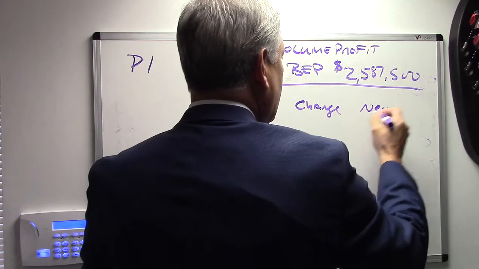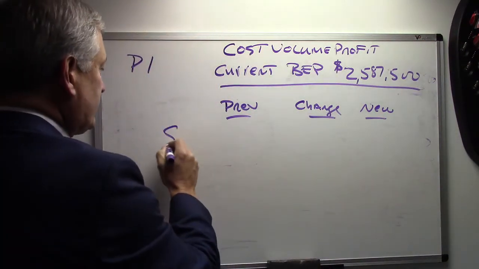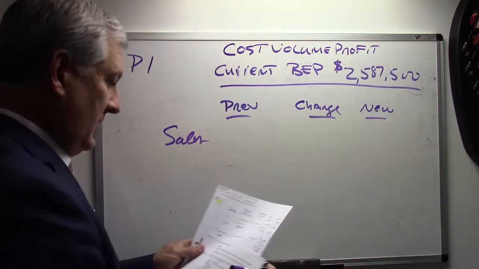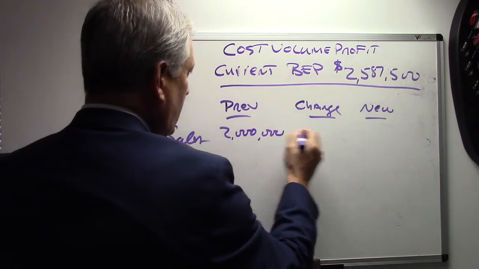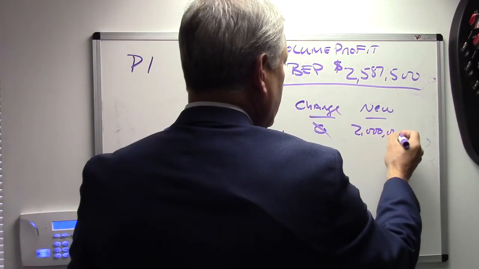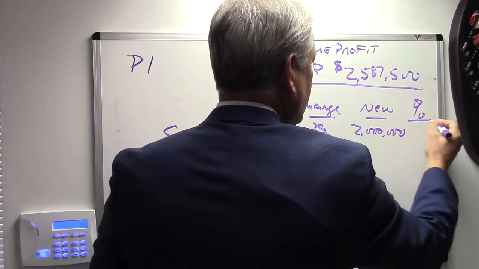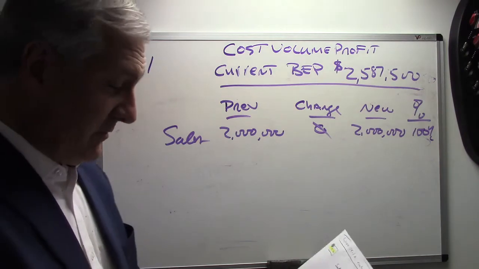We're going to look at sales. Previous sales were $2 million. There's no change here, so the sales are $2 million. And remember, from a percentage basis, the sales number is always 100%.